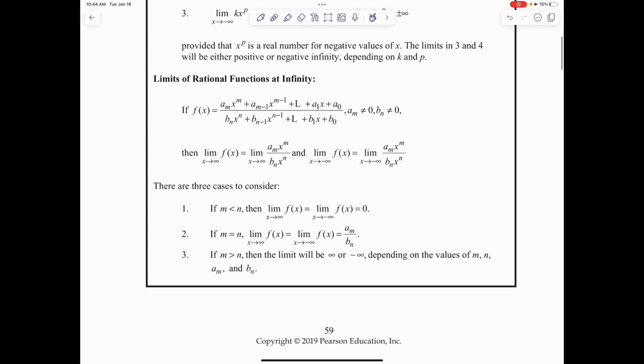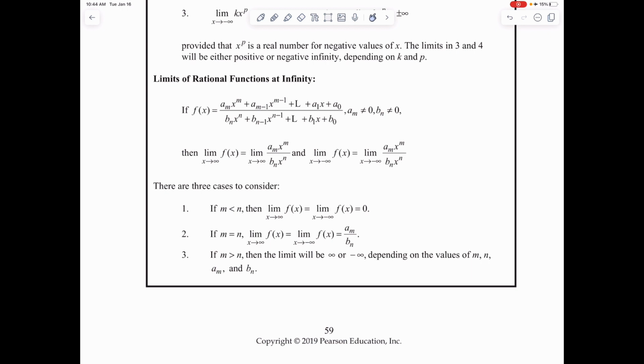Limits of rational functions. So now we have a function being divided by another one, a polynomial over a polynomial. If f of x equals a times x to the m plus a sub m minus 1 times x to the m minus 1, plus and so on, all the way down to our constant, over b times x to the n.